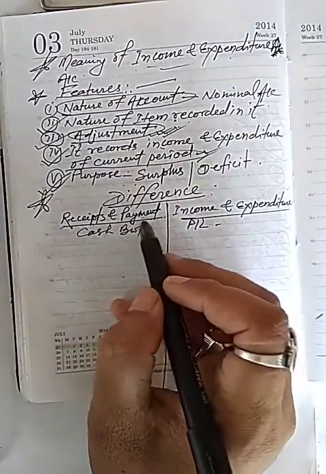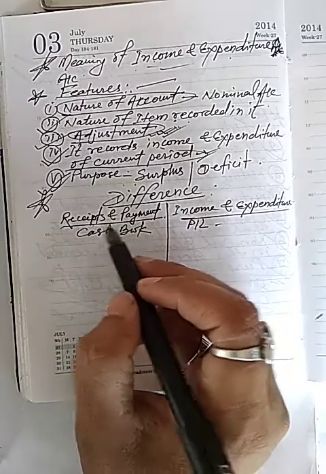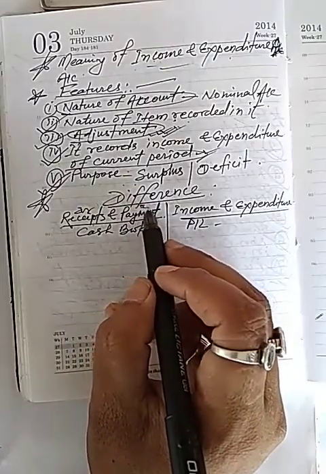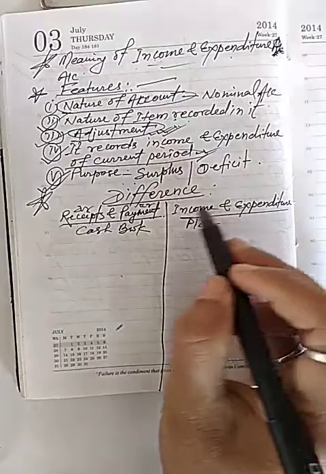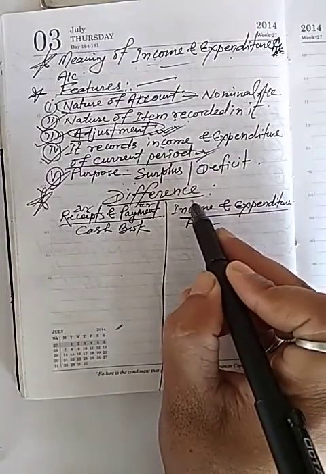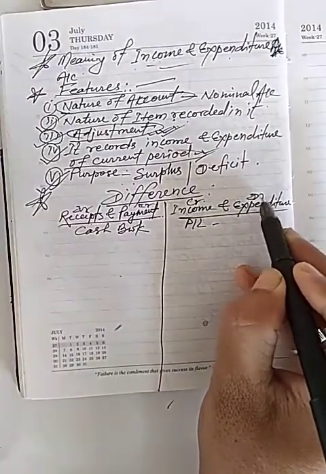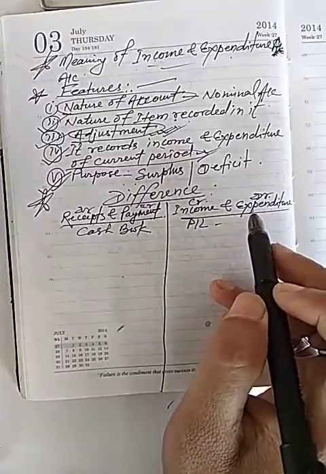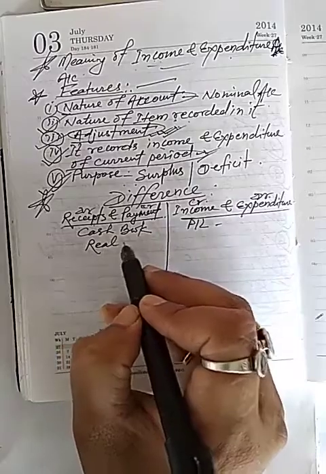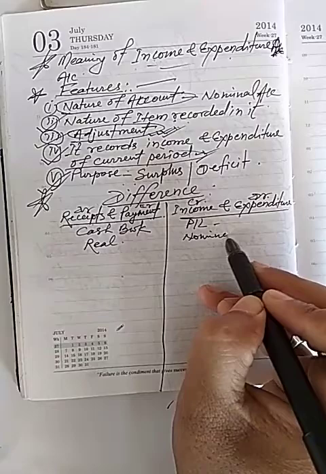Debit side of receipt and payment account records receipts and credit side records payments. But in income and expenditure account, income is recorded on the credit side and expenditure is recorded on the debit side. Third difference is it is a real account, but income and expenditure account is a nominal account.